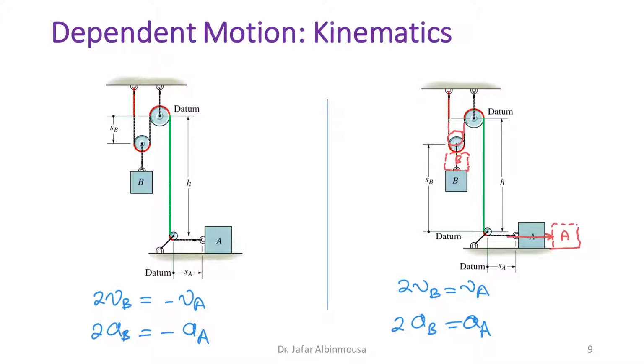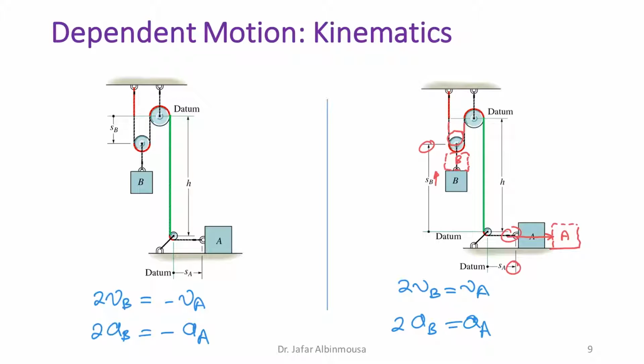But what happened is that block B just moved upward in the positive direction of the datum, and block A also moved to the right, which is also in the positive direction of the datum. So this equation is actually perfect.